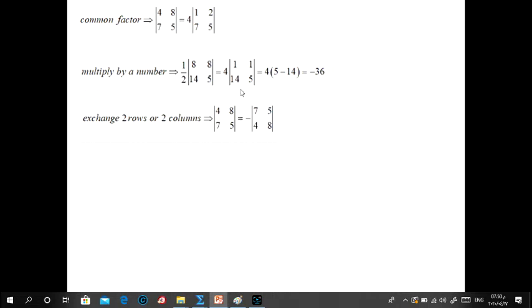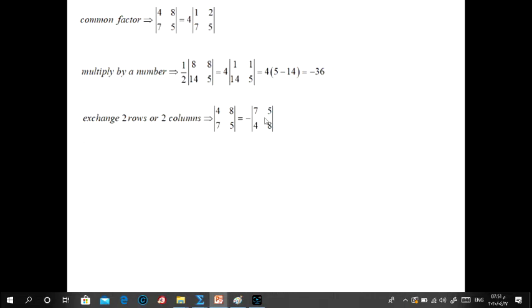So the first row will be the second row, the second will be first, and it is the same value but with negative. Of course, you can conclude it easily because 20 minus 56 is the same as negative times 56 minus 20. So if you exchange 2 rows or 2 columns, just put negative outside the determinant or multiply it with negative.